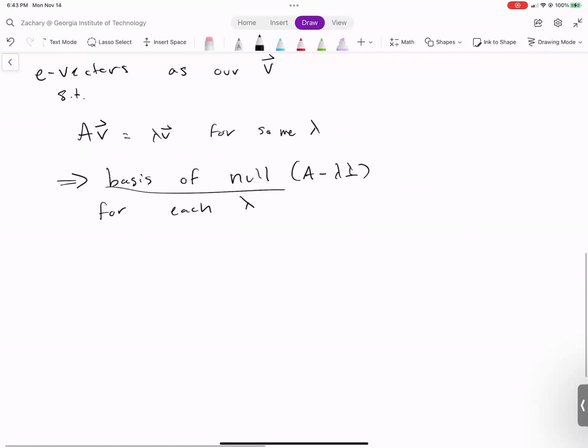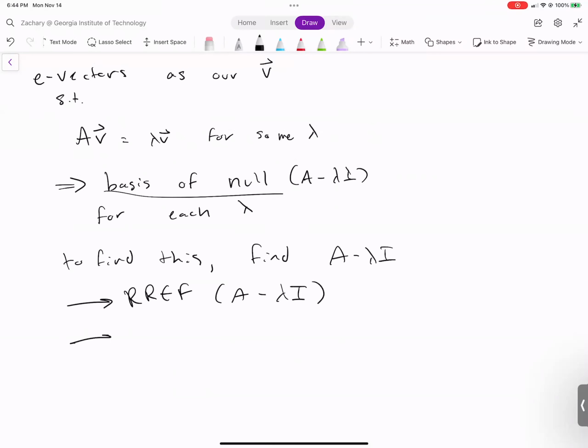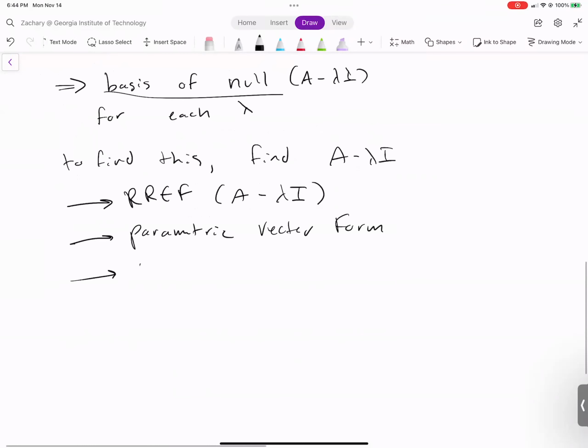Just as a review, to find this, find A minus lambda I, then you put it in row reduced echelon form, and then you put it in parametric vector form, and then you have your basis. And this is just your eigenvectors.